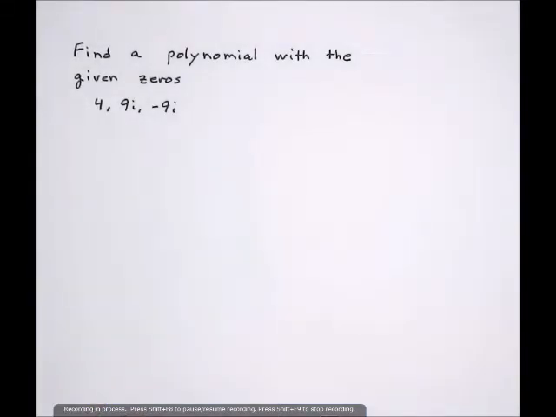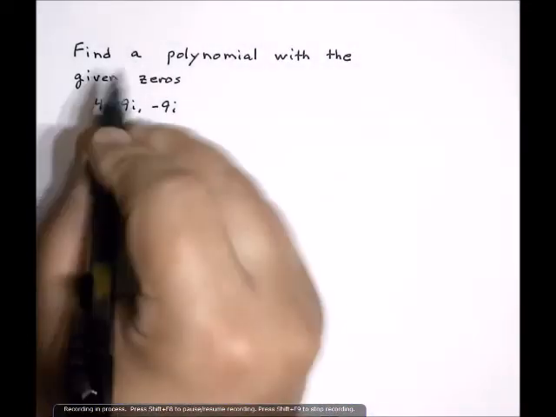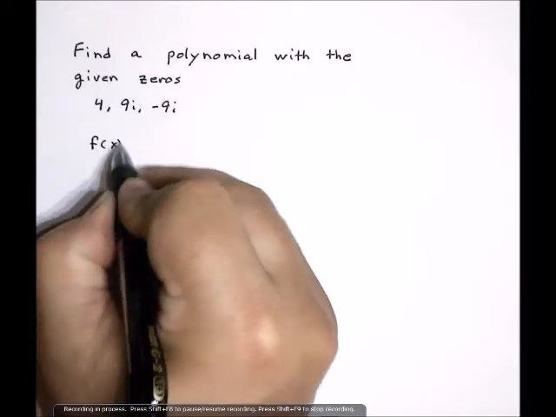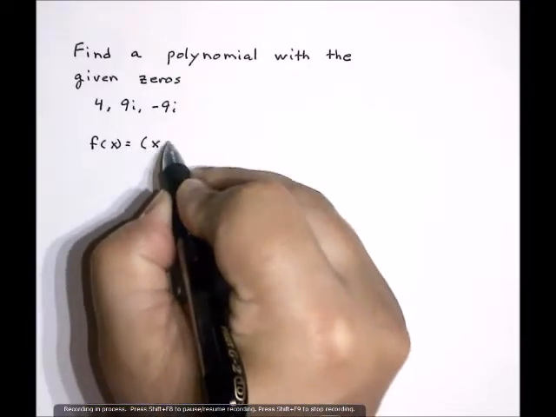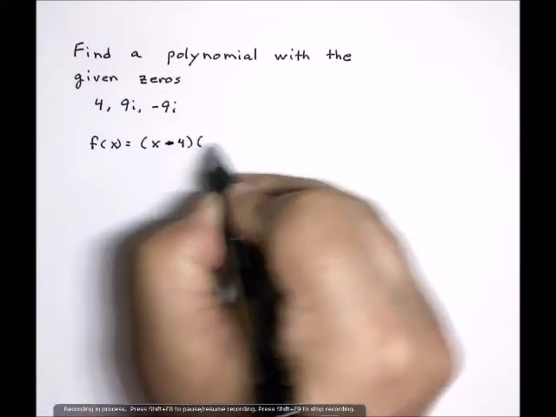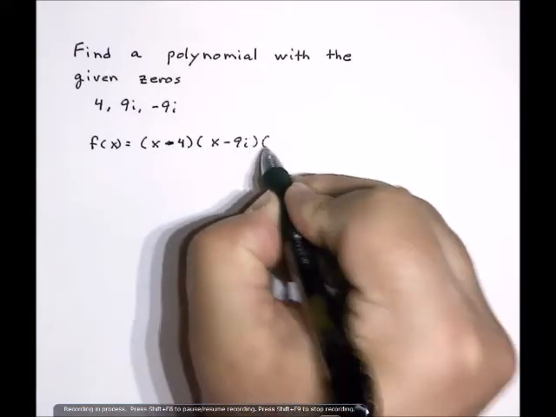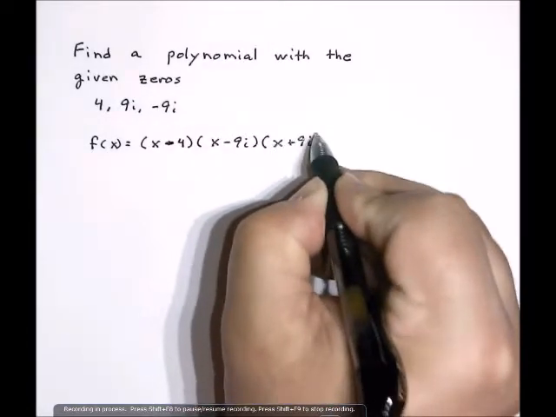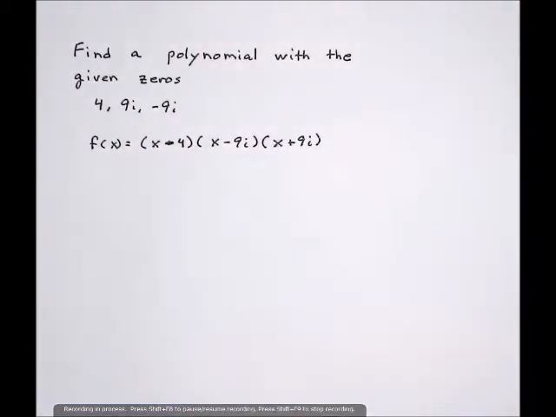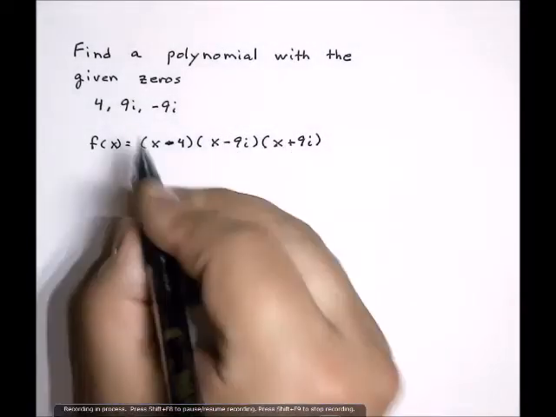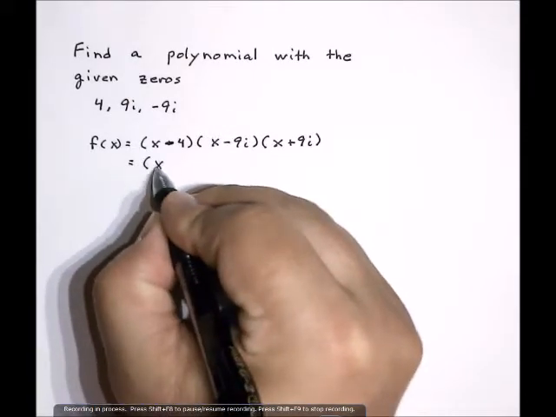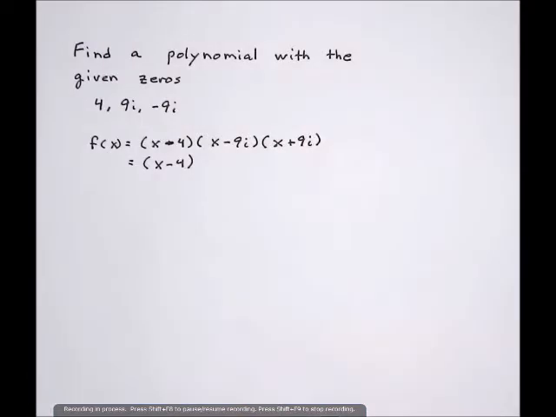And the last thing you're going to do is find a polynomial with the given zeros. And the only hard part about this is you actually have to multiply it out. So I know a polynomial with these zeros. It's that. And now we just have to multiply it together. So let's multiply the imaginary numbers together first, simply because it's going to be easier when I do so.